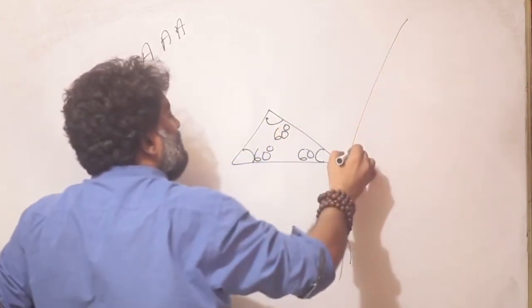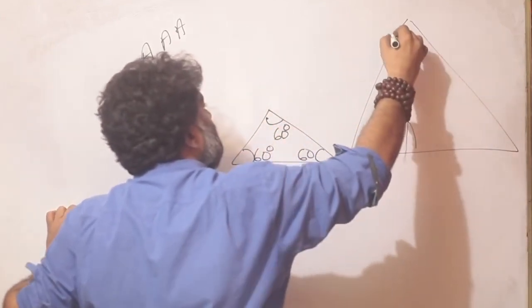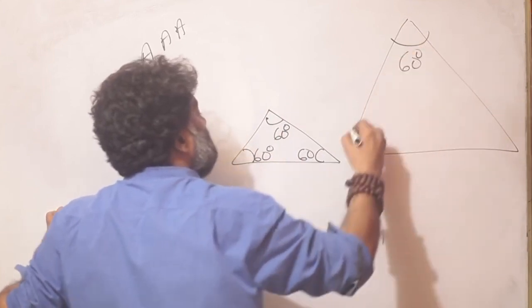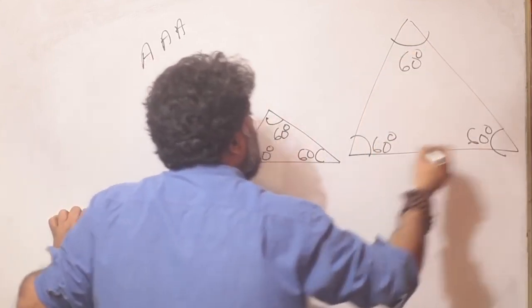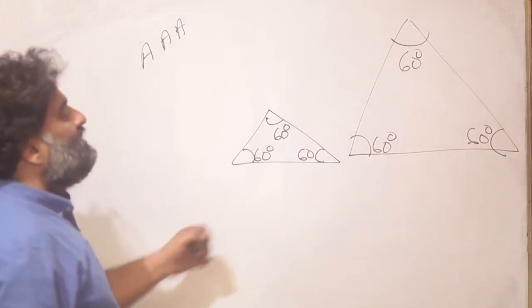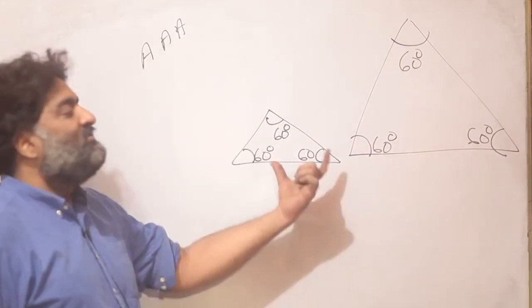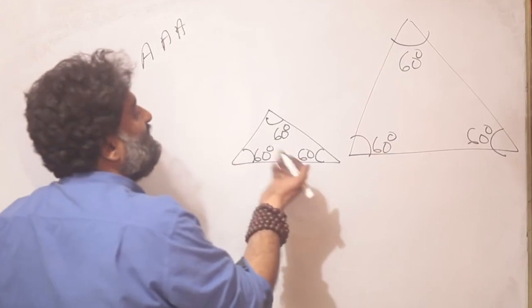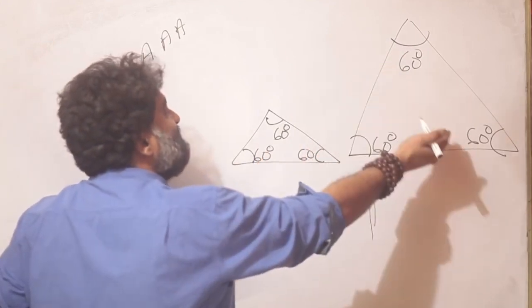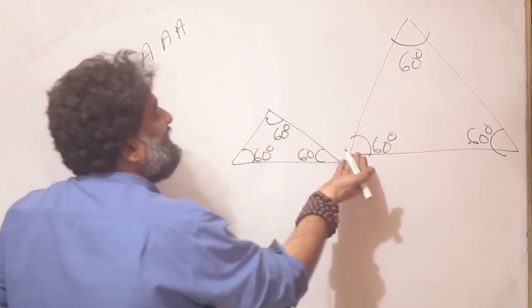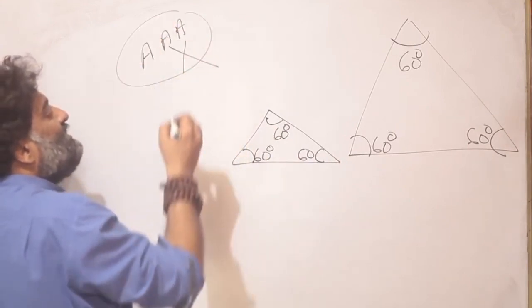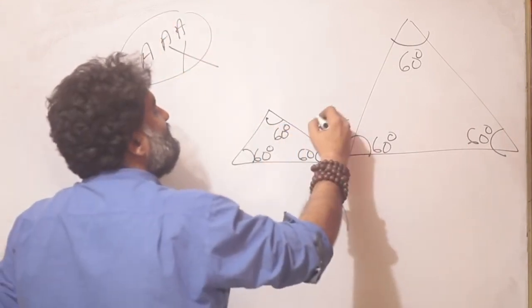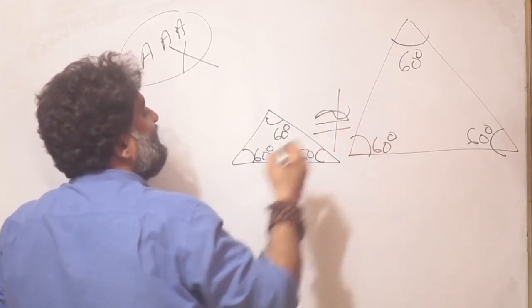And I can also create a very big triangle, 60 degrees, 60 degrees, 60 degrees. I'm not going into the details of construction, but this should be fairly intuitive and visible to you that it is possible for two triangles to have the same angles but not the same size at all. So all three angles is not enough to say that these two triangles are congruent.